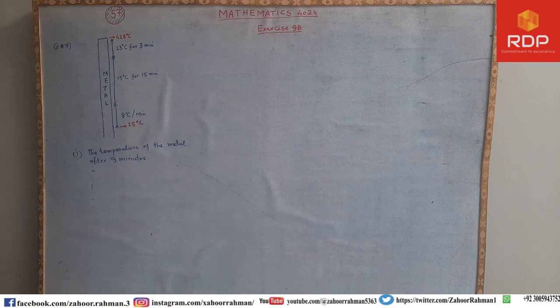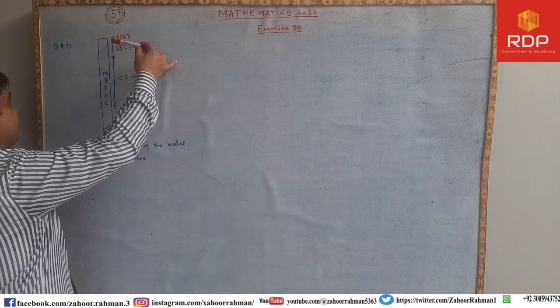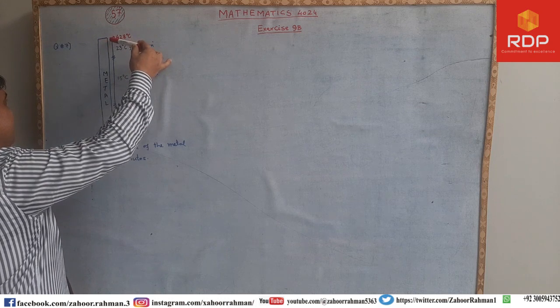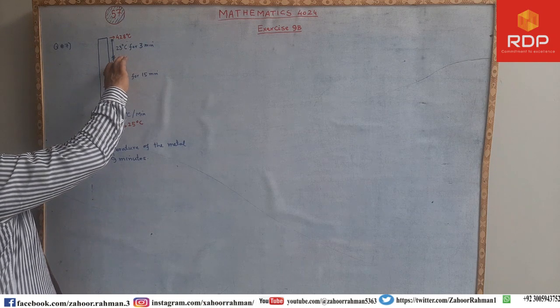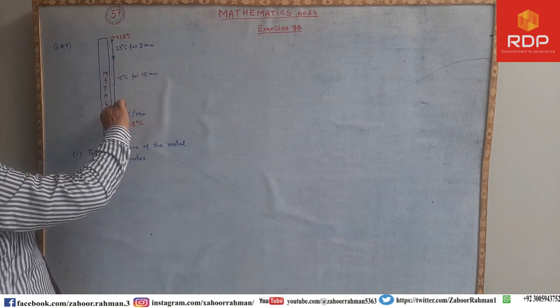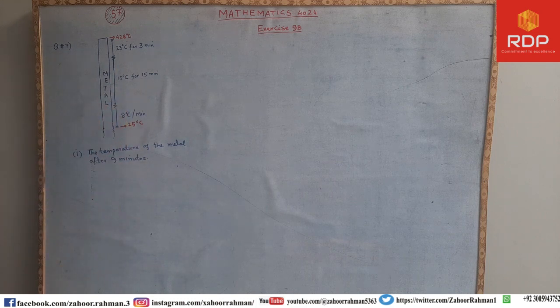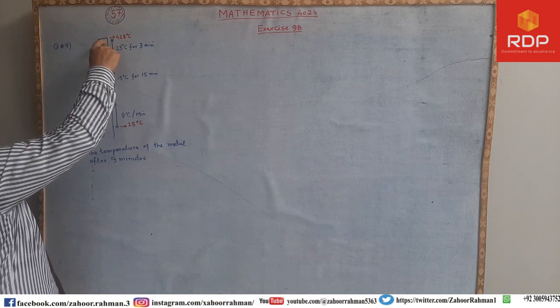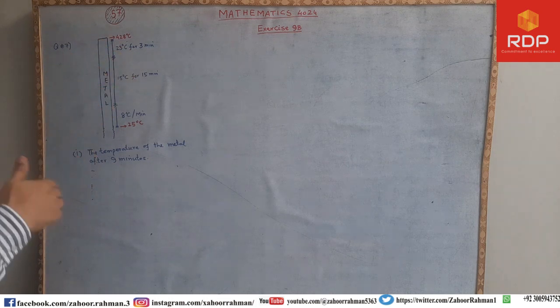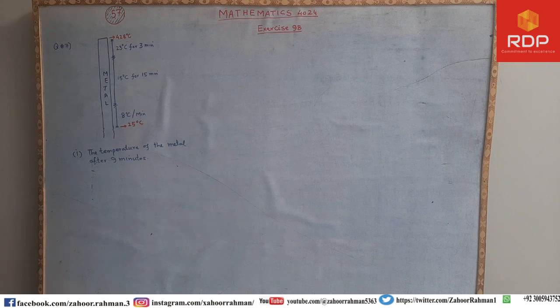Remember that first this metal is cooling down at a faster rate, then an intermediate rate, and finally at a very slow rate. Because there is more heat energy inside, it will be dissipated to the environment very quickly.